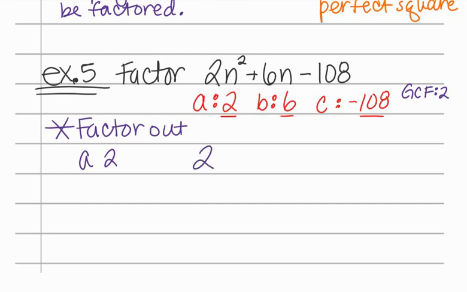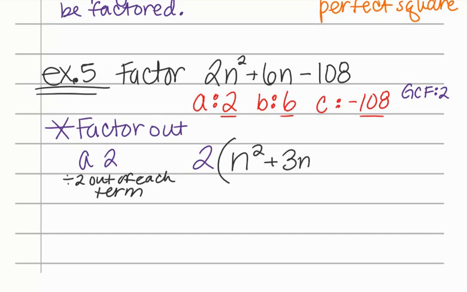So I factor out my 2, and I'm left with, I'm going to divide a 2 out of each term. So I'm left with n squared plus 3n minus 54. Now that 2 is not going to disappear.